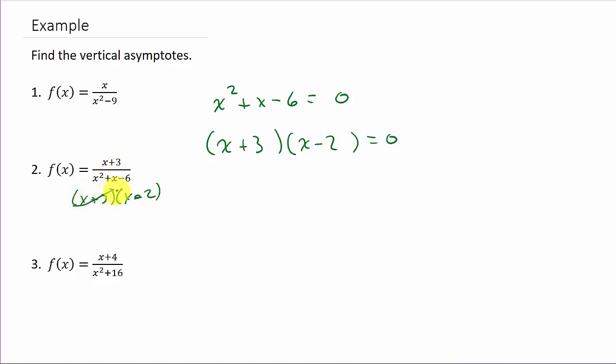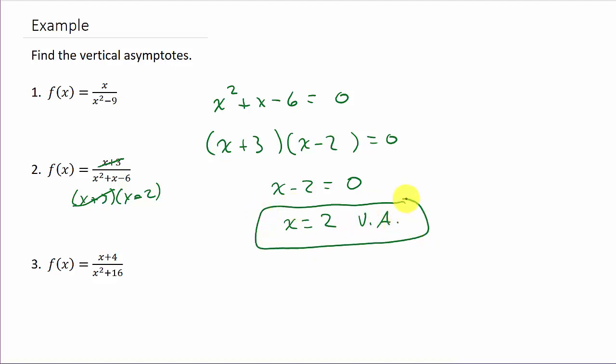We can cancel that out and we're just going to look at x minus 2. We're not worried about the x plus 3 anymore, so we're only concerned about the x minus 2. We set it equal to 0 and solve, so I get x equals 2. And so this is my vertical asymptote.